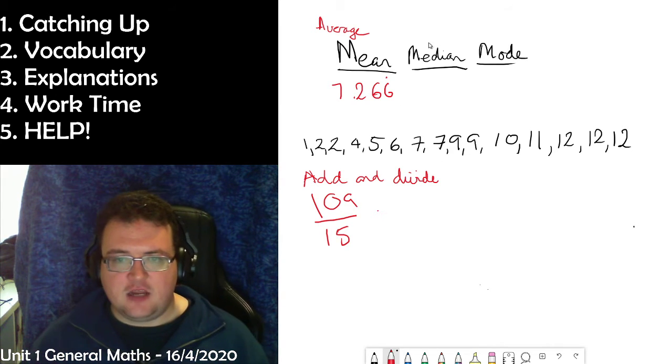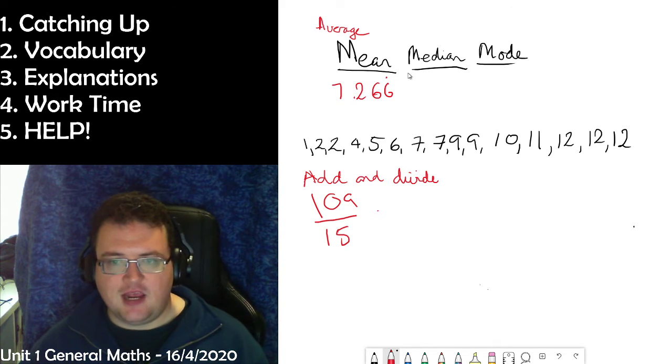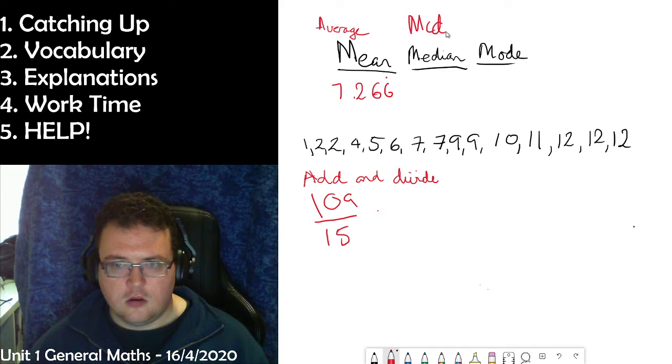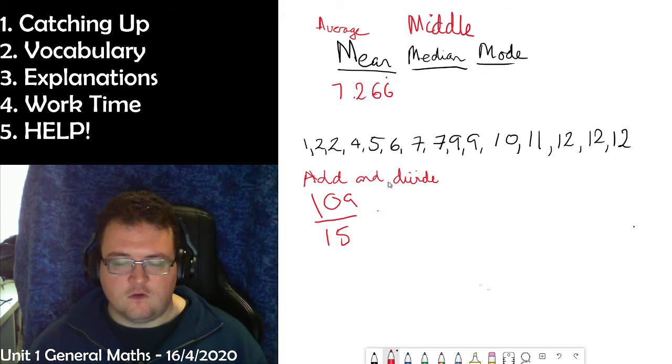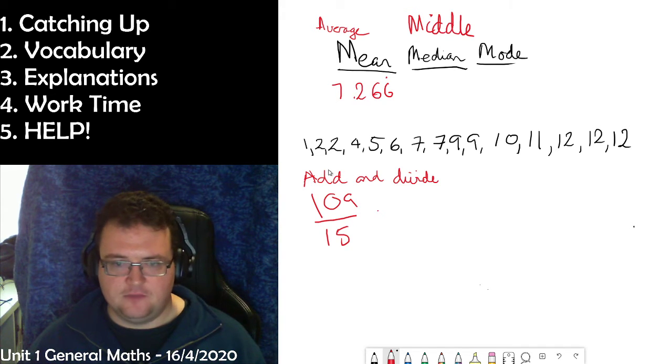Now, the median, similar to how we have median strips on the road, median is another word for the middle. So what we're looking for is the number that is in the middle of all these other numbers. Alright, so 15 numbers.